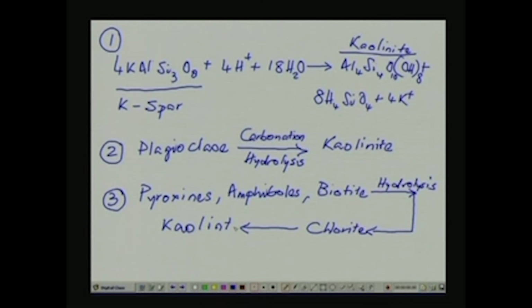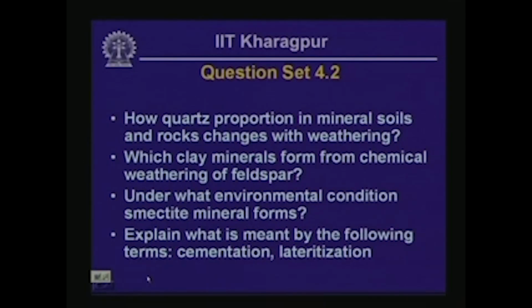So, these are three of the principal chemical weathering processes involved in the development of kaolinite clay deposits. Okay. So, that takes care of the second question.